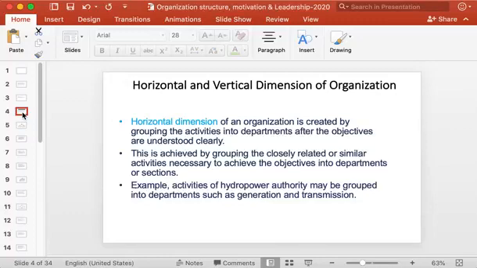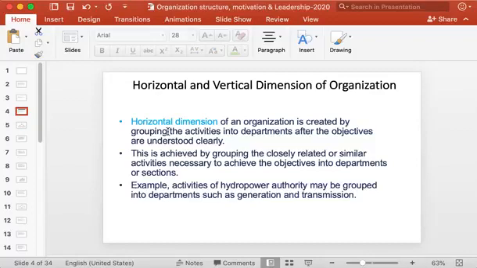Now, to look into the horizontal and vertical dimensions a little bit further, horizontal dimension of an organization is created by grouping the activities into departments after the objectives are understood clearly.